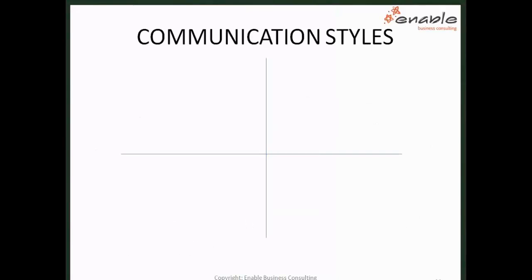What I do want to introduce is some of the psychological factors that go into qualifying leads. And really this is to do with communication styles. And this is a simplification of the Myers-Briggs personality profiles. On the vertical axis, we have expansiveness.